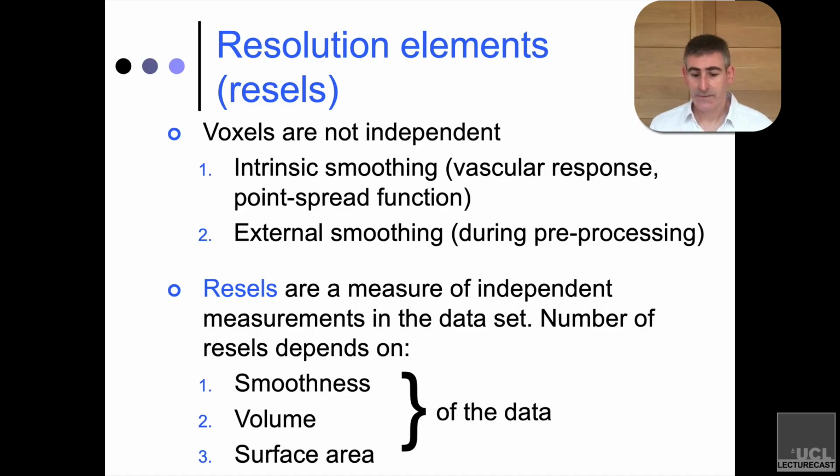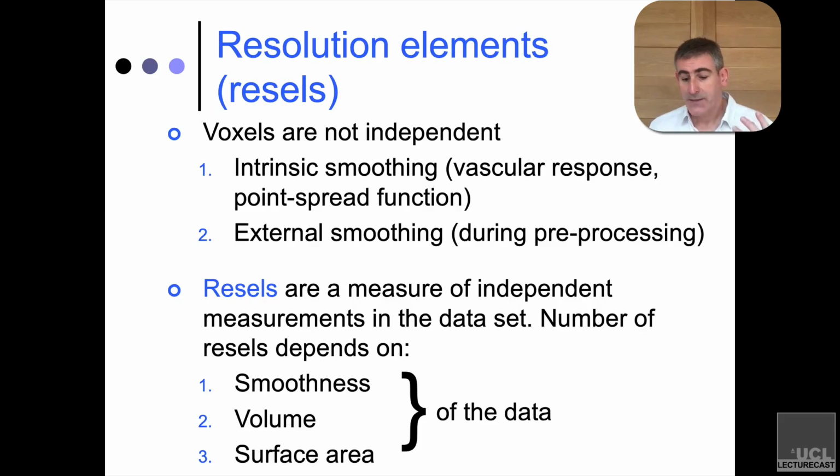So if you were to have 250,000 voxels and do a 250,000 correction in your Bonferroni, you're being too conservative because the data themselves aren't independent. If they were completely separate from one another, then sure, that would be the right thing to do. But that's not the case. So instead we're going to try to measure how independent a set of voxels is, and the way we're going to do that is using resels.